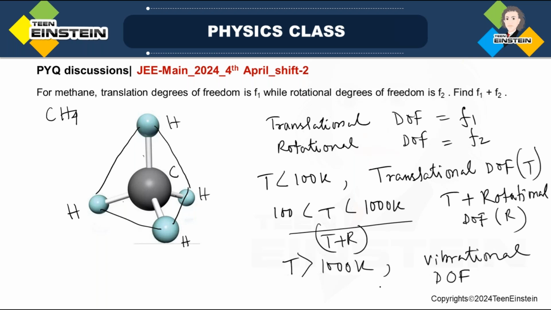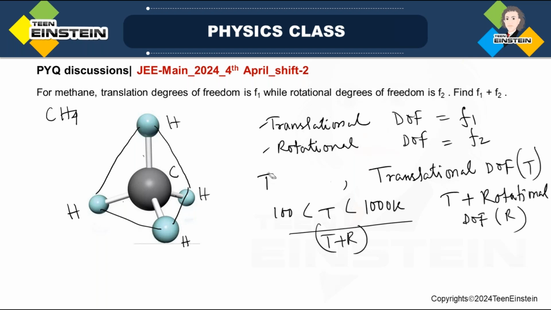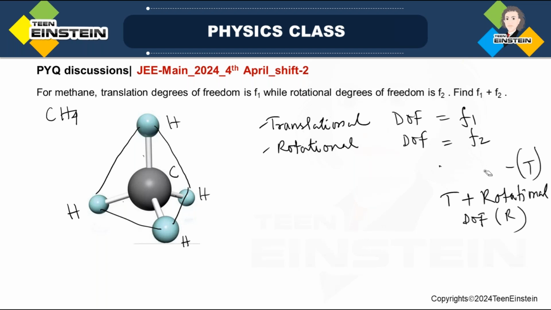Now for this they have told just translational and rotational degrees of freedom will be there. So better not to worry about this vibrational degrees of freedom, and neither I'll be thinking of what temperature and all. We have been just given rotational and translational degrees of freedom. See how many maximum translational degrees of freedom we can have for any object in 3 dimension.